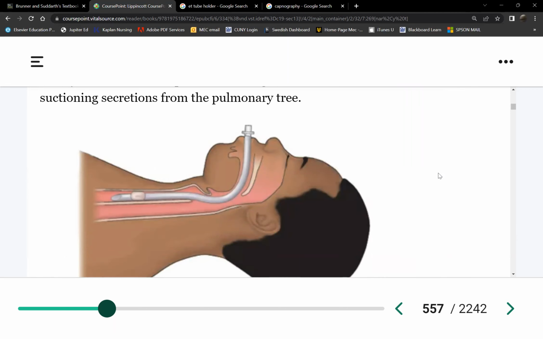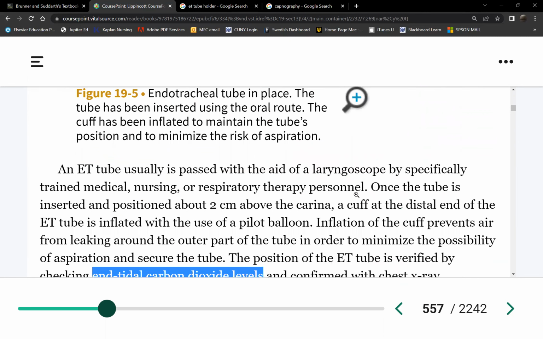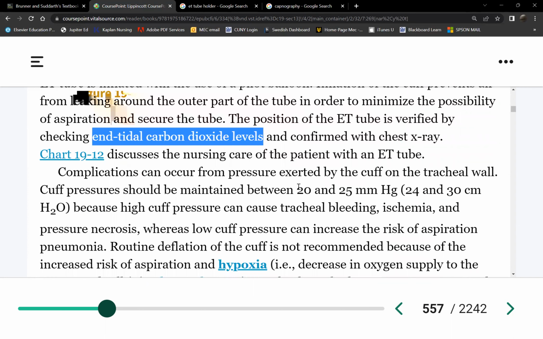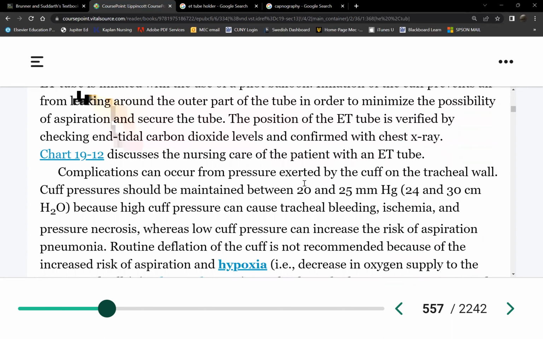It's not a perfect measure, because we can't tell where your carina is. We can just estimate. Is everybody's carina in the same spot? No, the taller you are, the longer your trachea. So we need an X-ray. That is verifying tube placement.